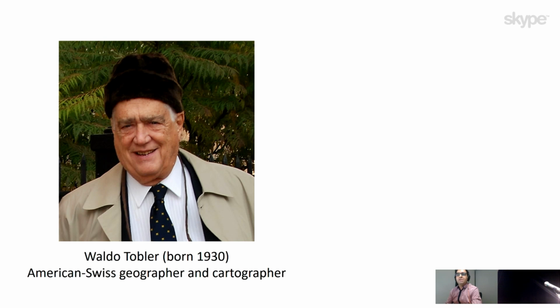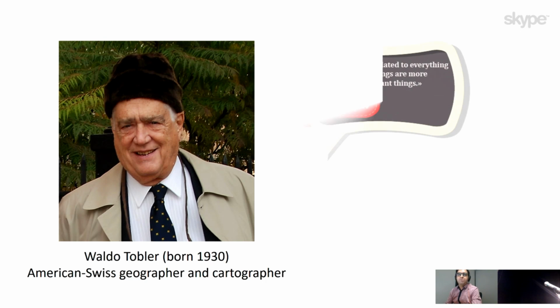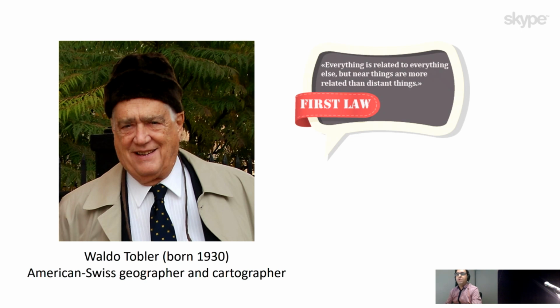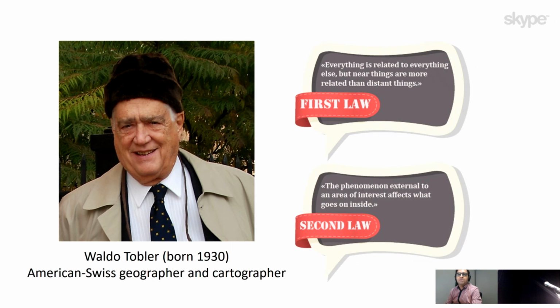One of his theories is known as the first law of geography, which says that everything is related to everything else, but near things are more related than distant things. This is a very big quote. The second law says that phenomena external to an area of interest affect what goes on inside. However, I'm not going to use the second law in our work, but I gave it as a reference if you're interested in following up the roots.